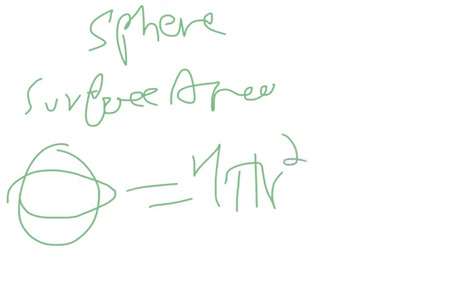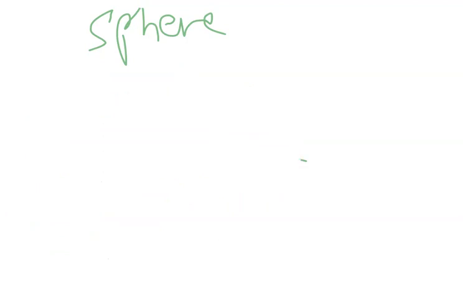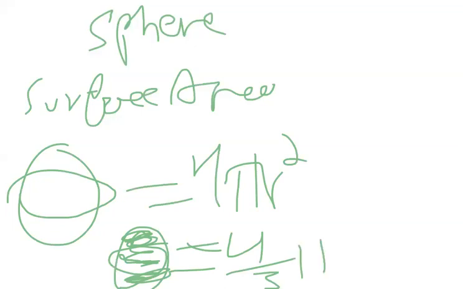And then the volume of a sphere, you just plug everything in. The volume of a sphere is 4/3 pi r cubed. That's just some facts about spheres and circles.